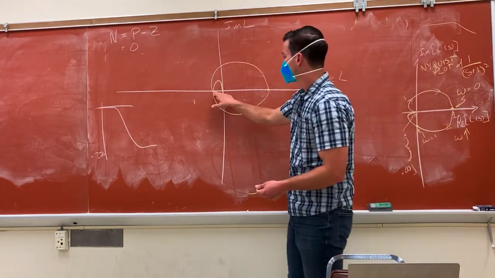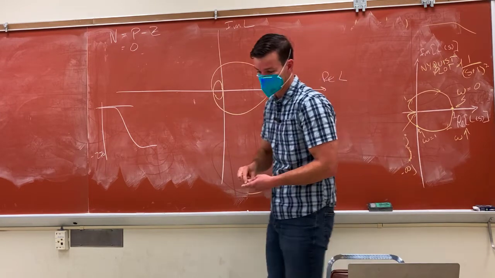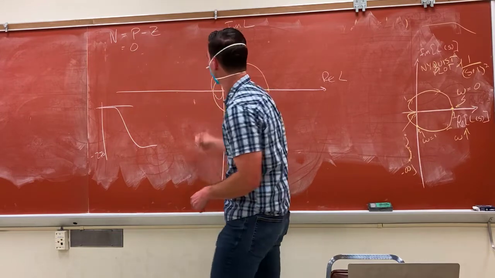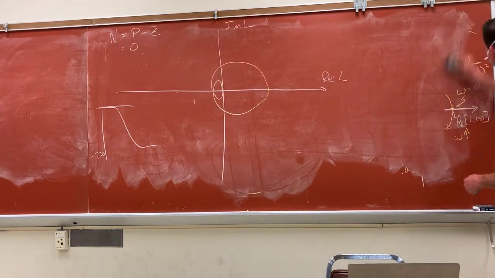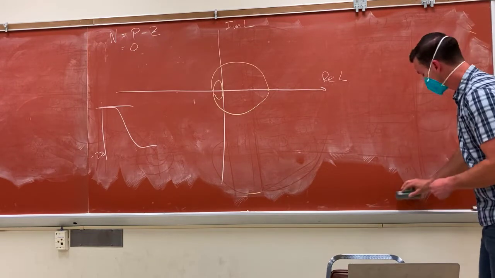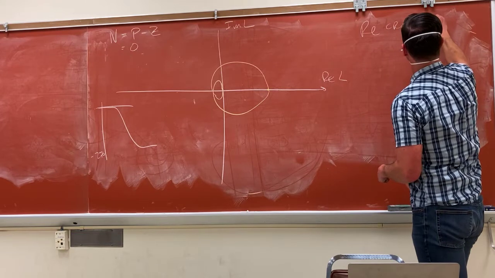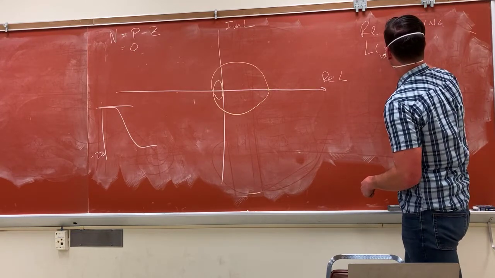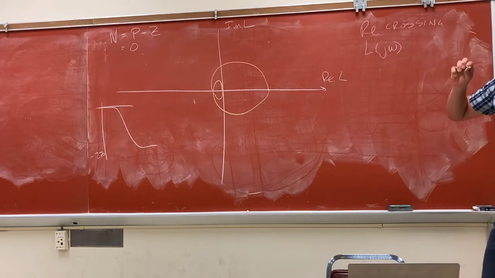In fact, it would probably be really helpful to calculate that crossing point. So let's do that now. The real crossing is when L of j omega is strictly real but negative.